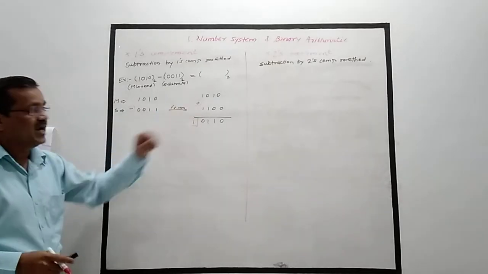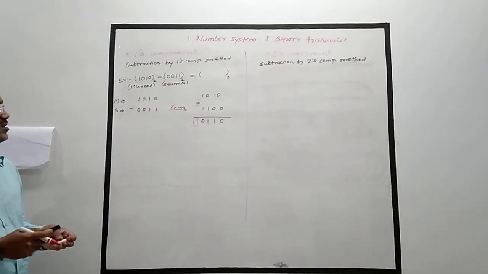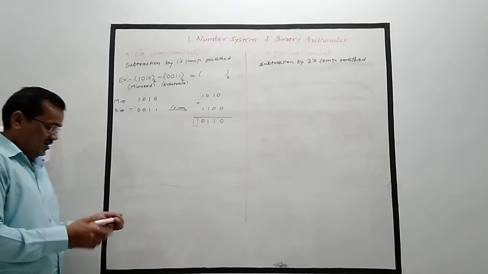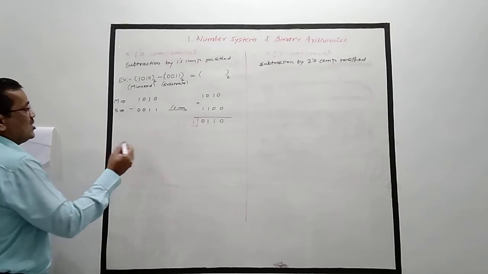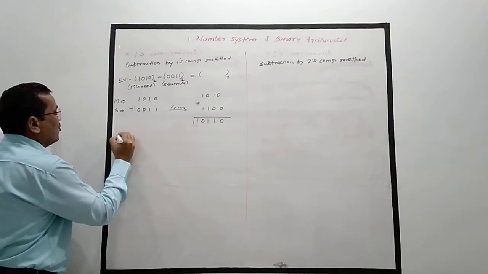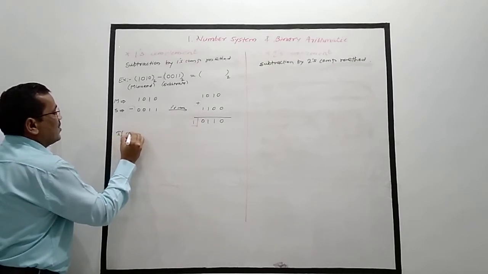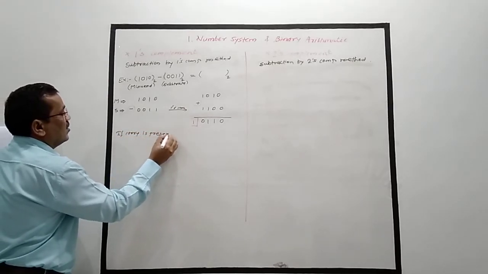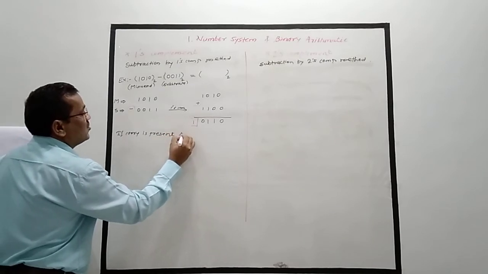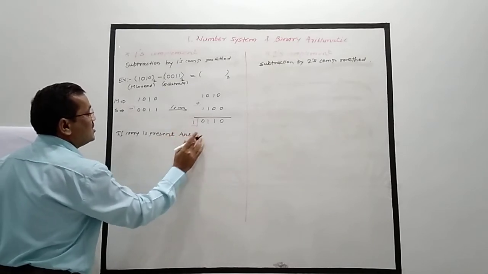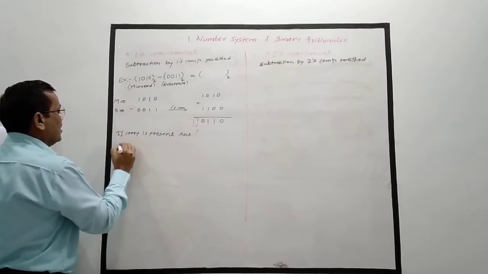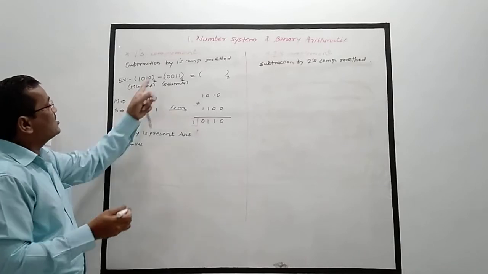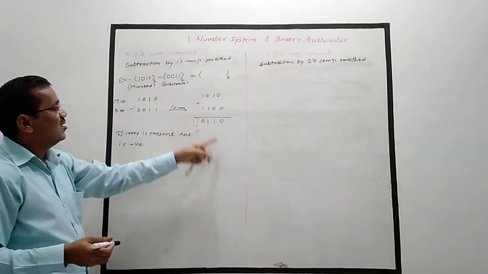So during this addition of the binary numbers, a carry is present. If a carry is present, the answer is positive. That means this subtraction gives a positive result.